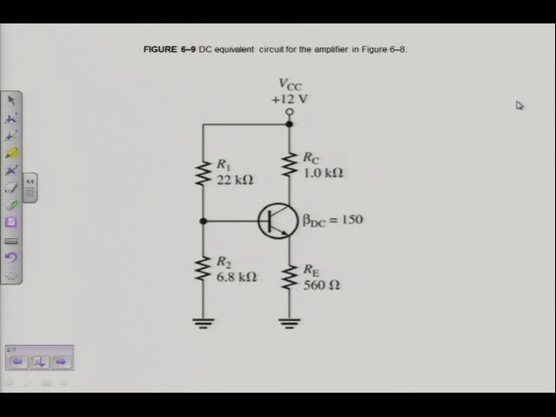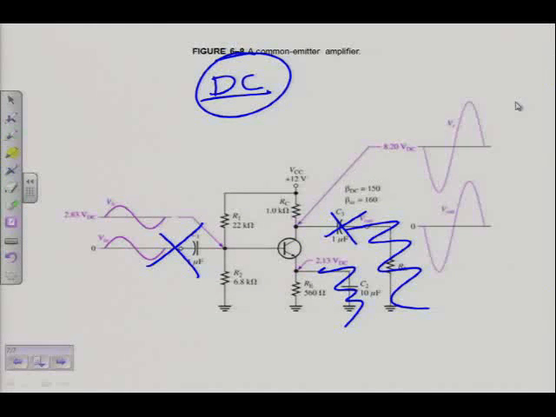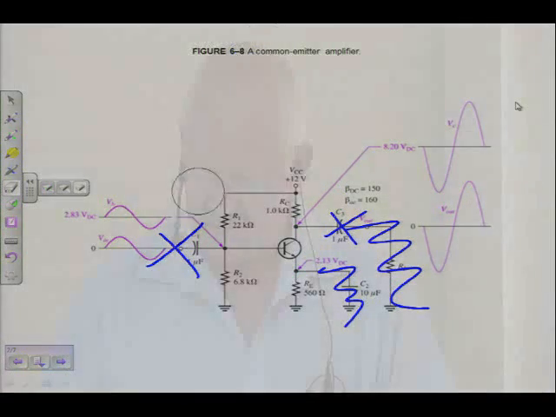Simple. All right. Now the next section that we're going to do is the AC analysis. Now this is something new that you haven't discussed before. Let's do the AC analysis. Now again, for the AC analysis, I already know about the capacitors. We've discussed the capacitors already, but remember, now we're talking AC.